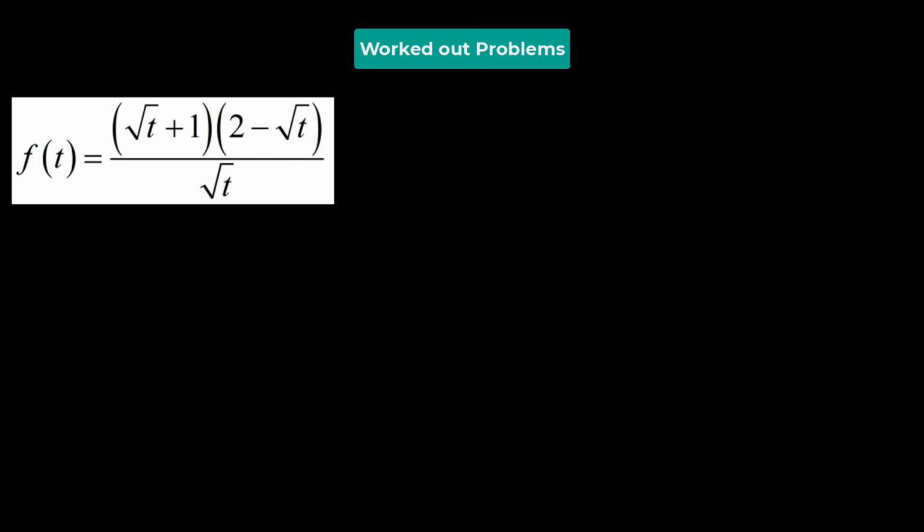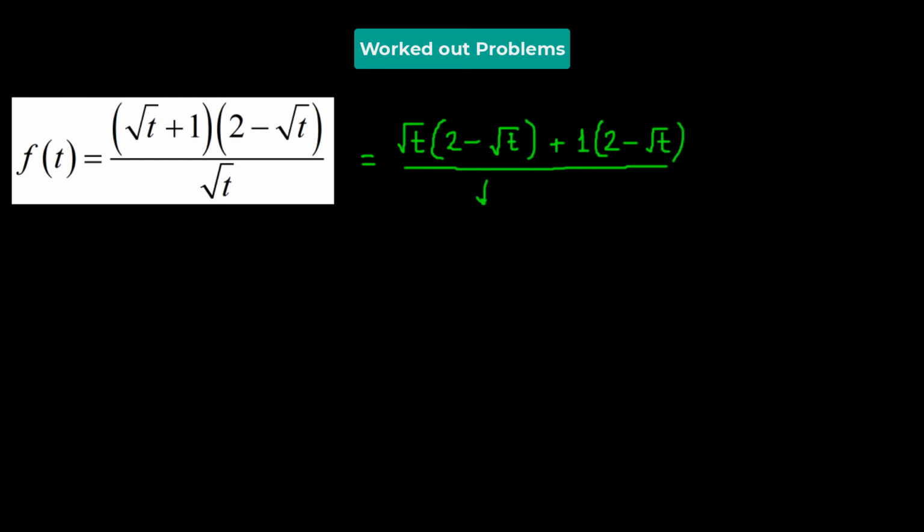So we begin with the numerator. So we have square root of t multiplied by 2 minus square root of t, plus 1 multiplied by 2 minus square root of t, all divided by square root of t, which will give us 2 times square root of t minus square root of t multiplied by square root of t, which will be simply t, plus 2 minus square root of t, divided by square root of t.